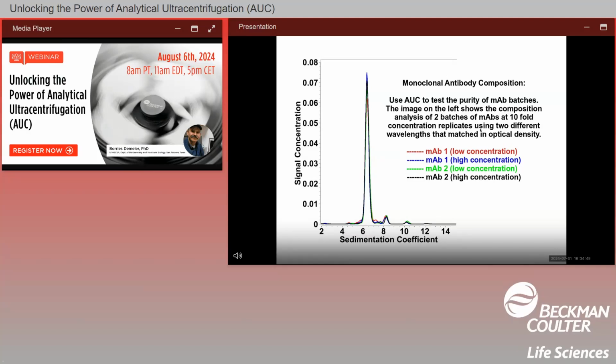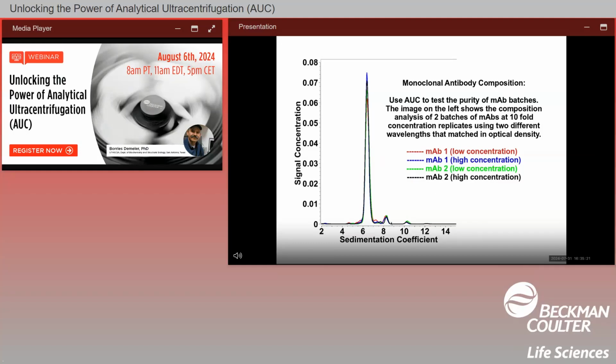What I'm showing here is an overlay of 4 independent experiments that were done at different concentrations, but using a wavelength where the extinction is the same, so that we get roughly identical absorbance patterns and can easily compare them. Also, there are 2 batches of the same monoclonal antibody, and we wanted to know how well we can reproduce the compositional details of these samples.